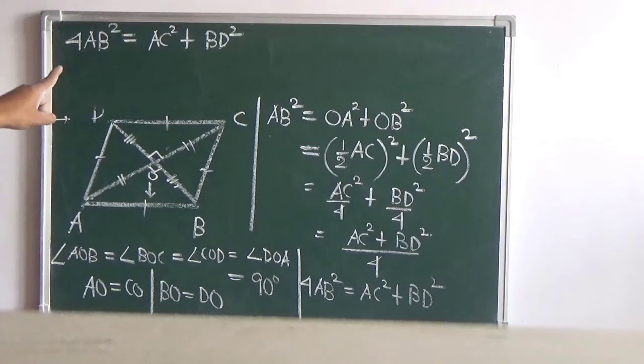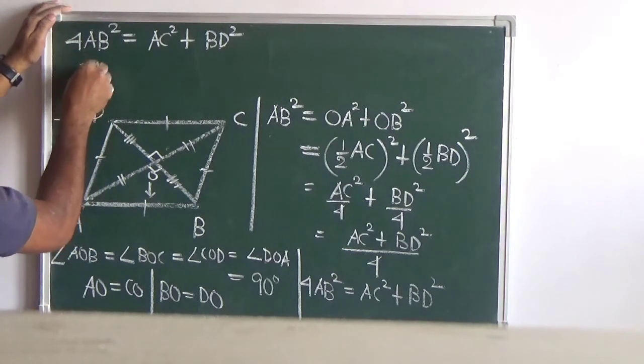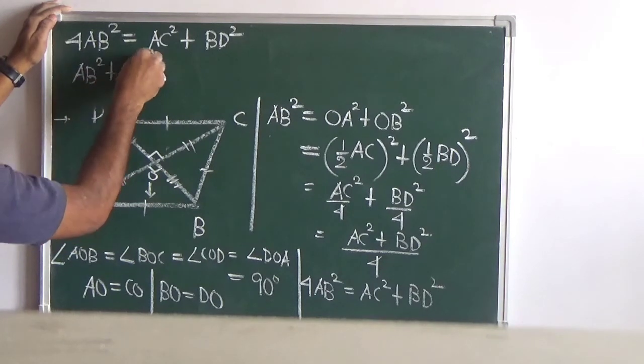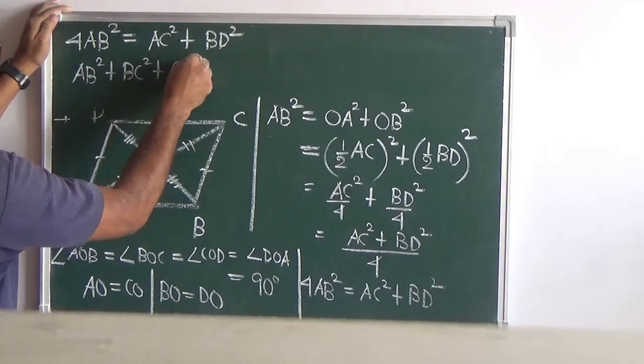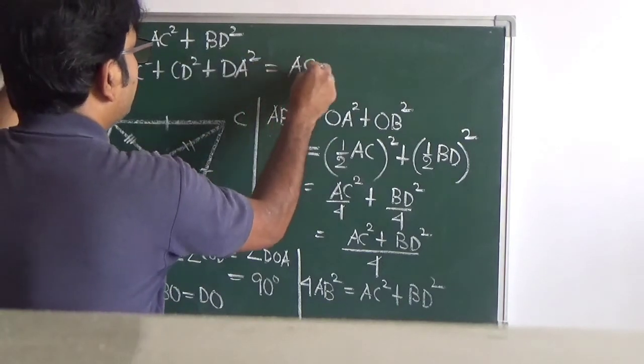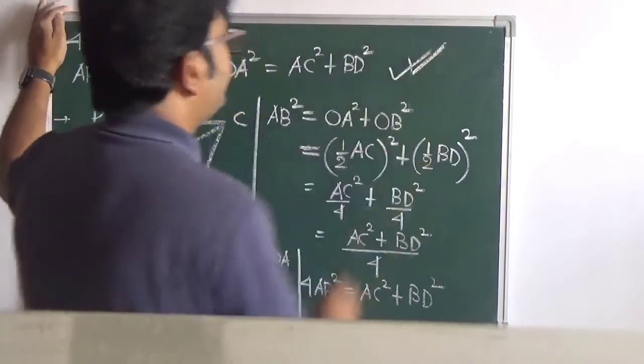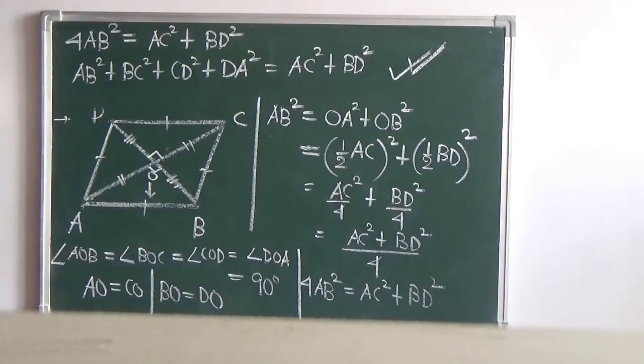So in place of 4AB square, we can simply write AB square plus BC square plus CD square plus DA square, and that is equal to AC square plus BD square. And this proves the question. Last line, 4 times AB square.